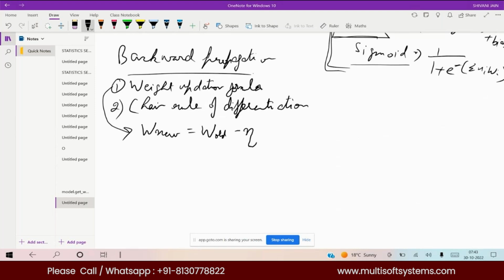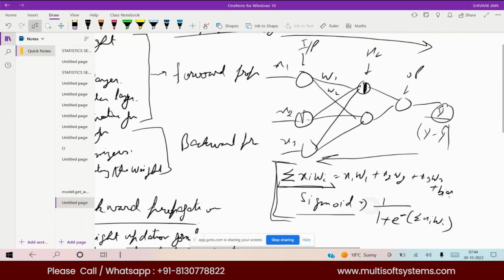Yesterday I showed you on the website, on the playground. Then the derivative of loss divided by the derivative of W old. This is the same derivative which you have read in class 11th or 12th. This is called the derivative of loss with respect to W old. This is your formula.